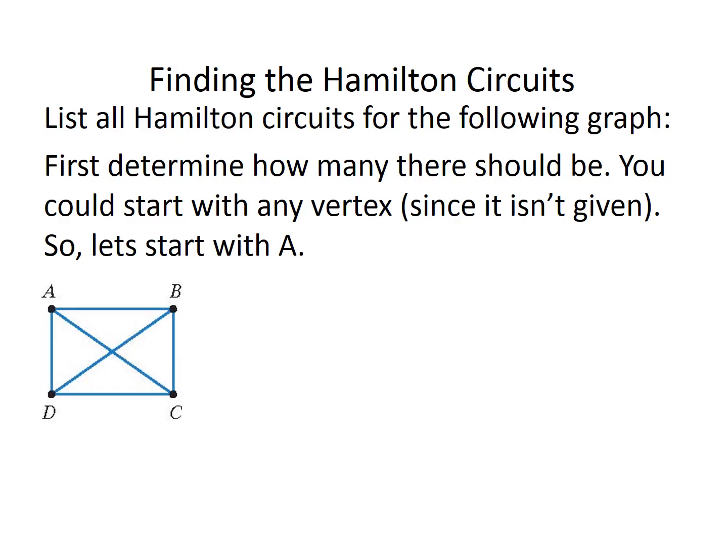You could start with any vertex since it isn't given, so let's start with A. Remember that there are n minus 1 factorial circuits, where n is the number of vertices, and this one has A, B, C, and D, so that's 4 vertices. 4 minus 1 factorial is 3 factorial, which is 3 times 2 times 1, so that's 6 Hamilton circuits. We will know we have found them all if we get 6.